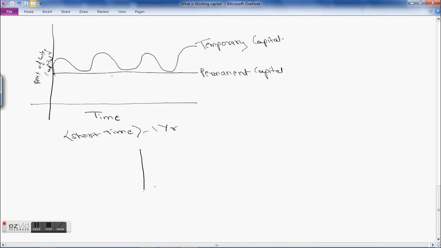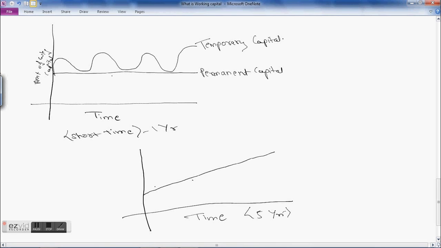Now if you take a long period of time, let's say 5 years, if you prepare a graph of 5 years or 10 years, you will notice that your permanent capital will slowly and gradually increase.